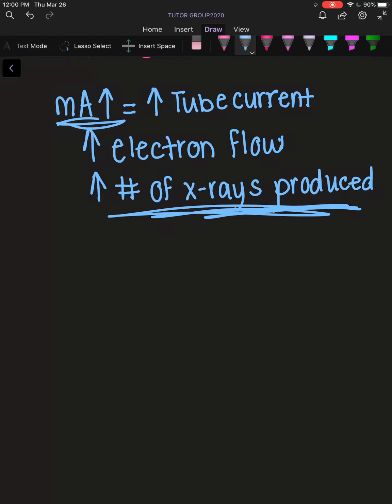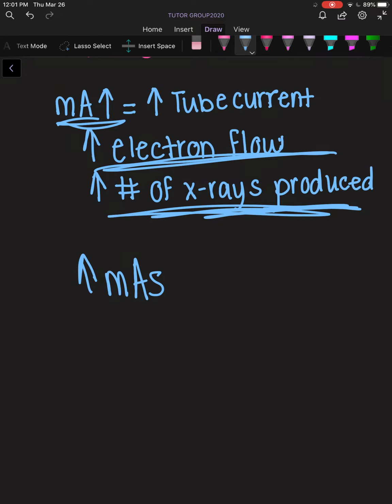Now, if you double your mAs, then of course you're going to be directly doubling your intensity, and intensity is the number of electrons going through per second. mAs also contributes directly to the exposure to the patient and IR, because remember, if we increase our mAs, then we're increasing the number of electrons flowing, which is automatically going to increase the number of X-rays produced.